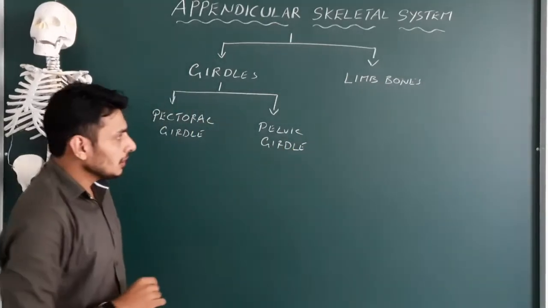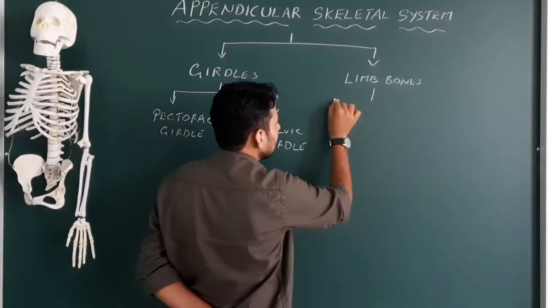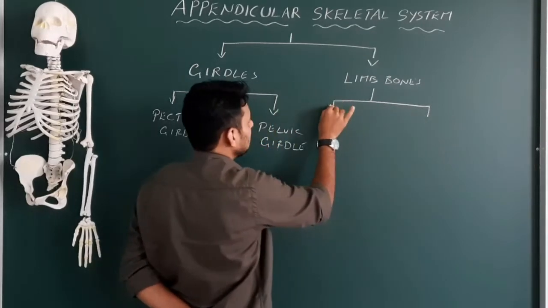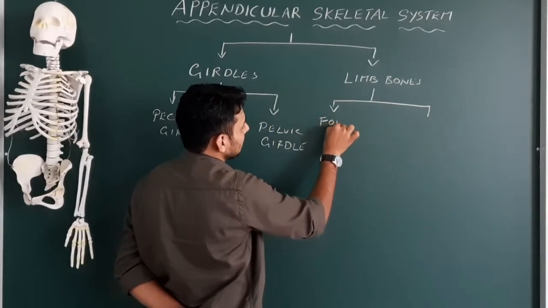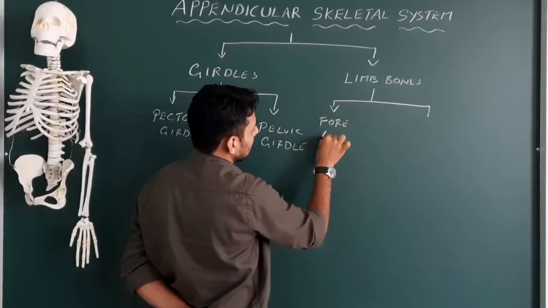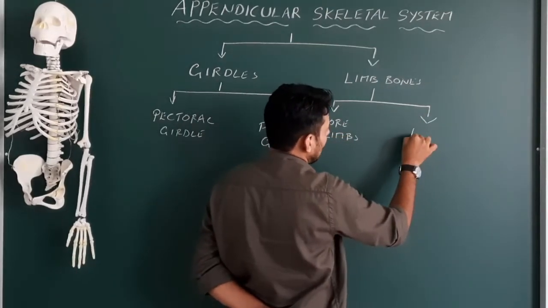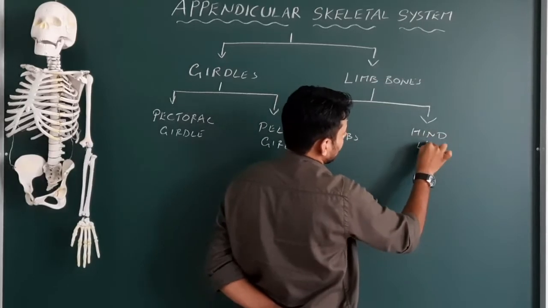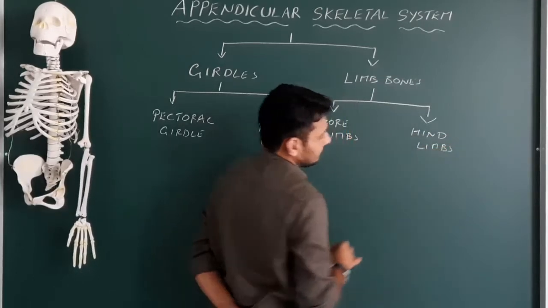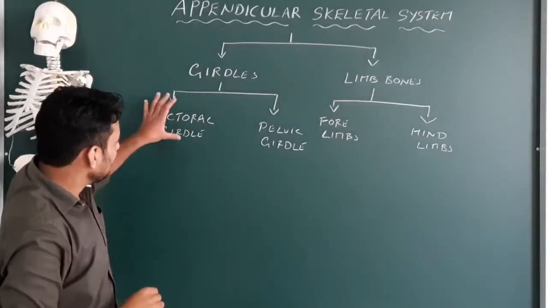In limb bones again we can classify them into the forelimbs, that is our arms, and the second part is actually the hind limbs, that is our legs. Okay, simple.